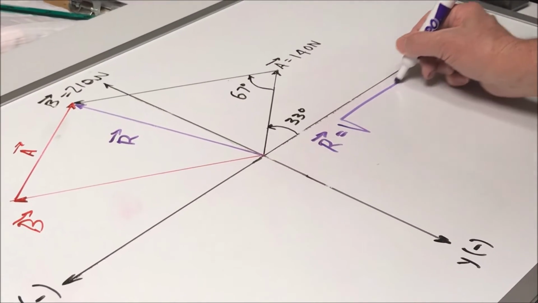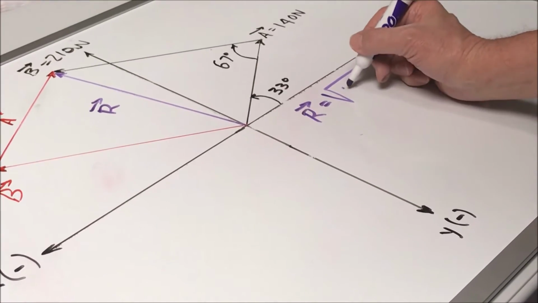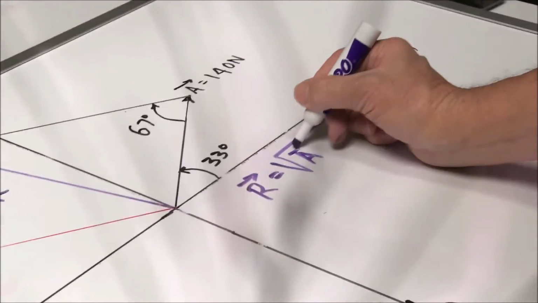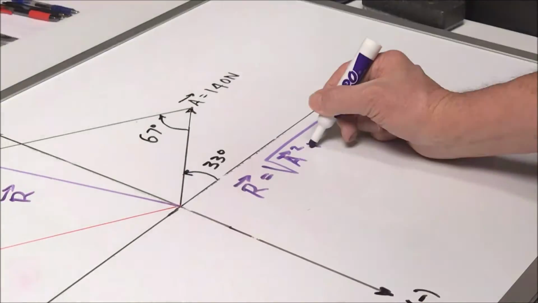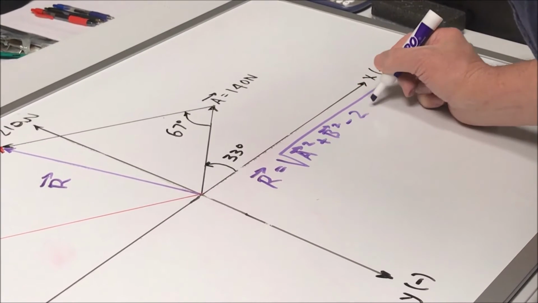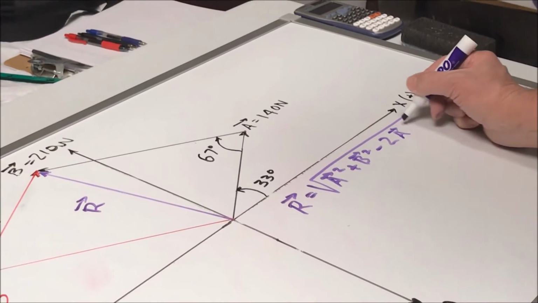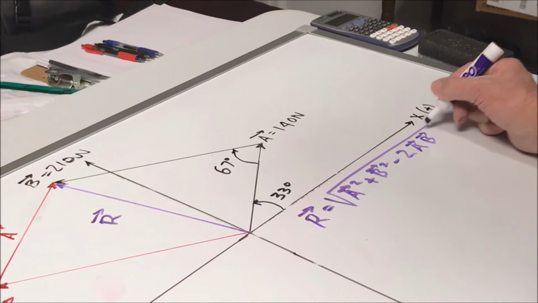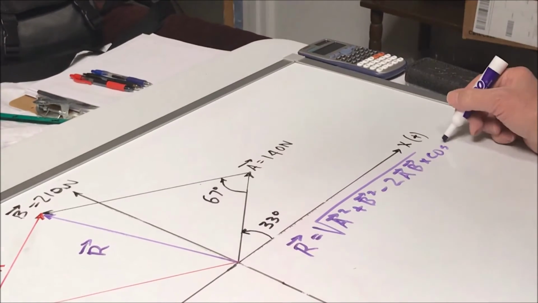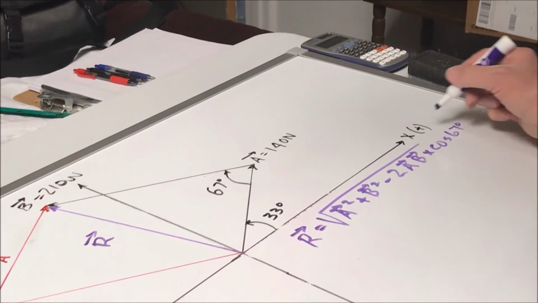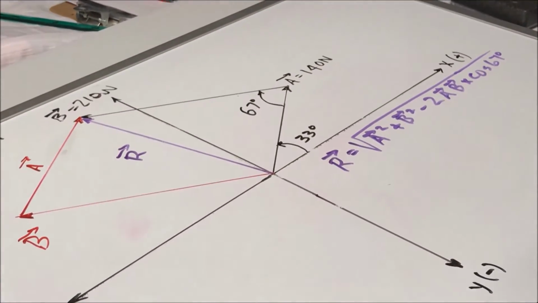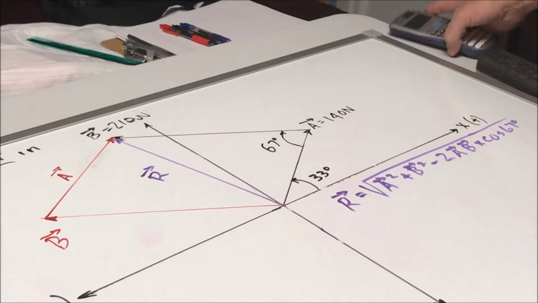So we can use the law of cosines, which is a form of the Pythagorean theorem that says r is equal to the square root of a squared plus vector b squared minus 2 times vector a times vector b times cosine of this angle, 67 degrees, which is opposite the resultant vector.